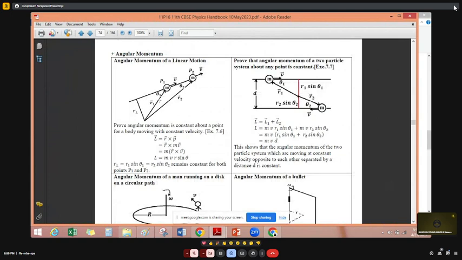Yeah, so look at this. Wherever this particle is, this perpendicular distance will remain the same, whether you have it here or here. The angular momentum about a given point will be the same, because mass and velocity will be the same and this perpendicular distance will be the same.